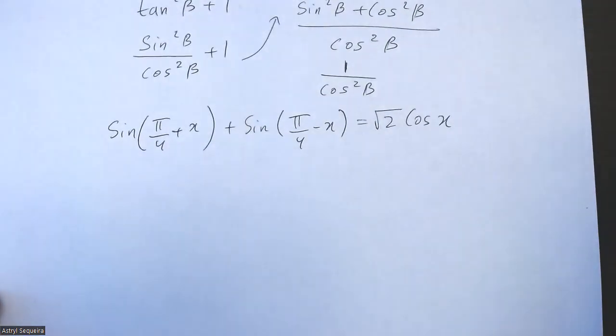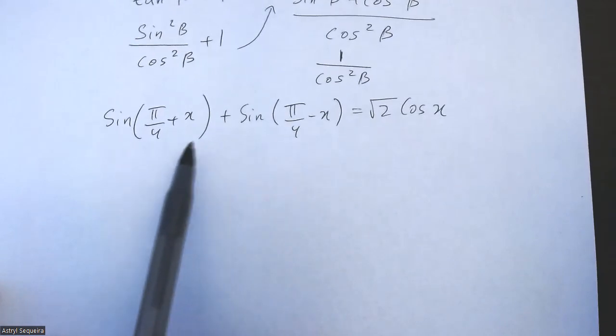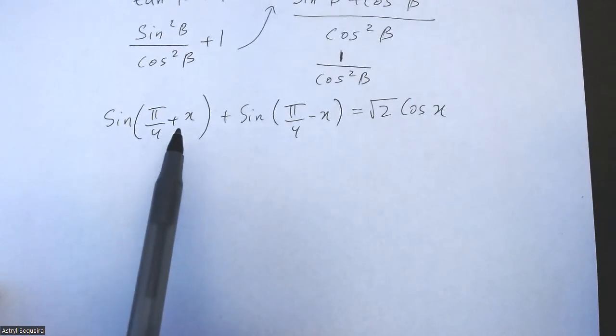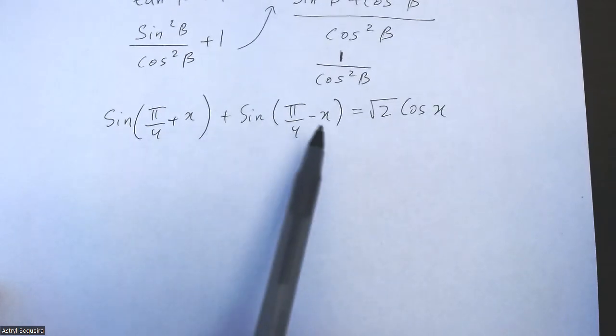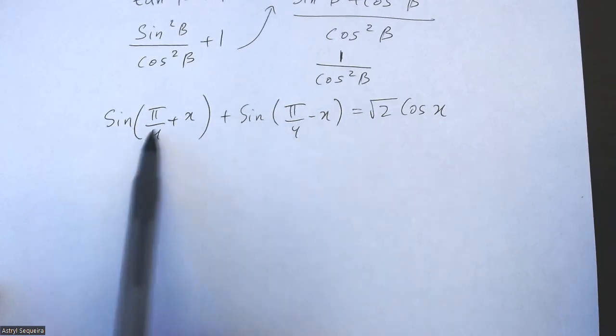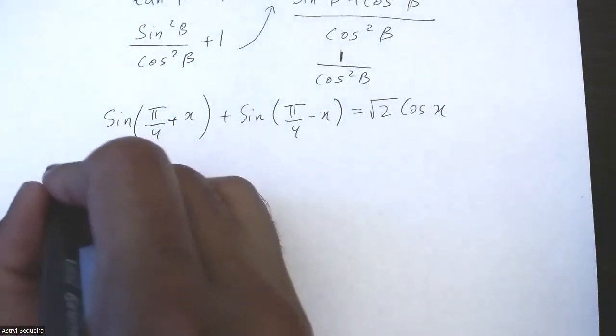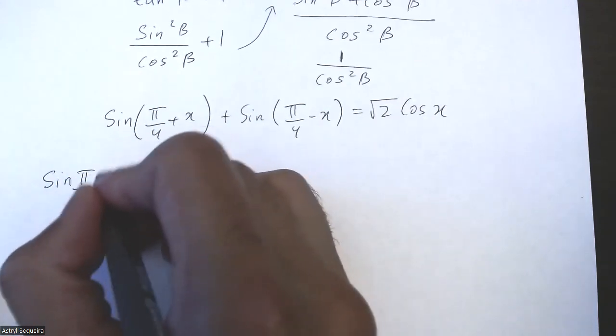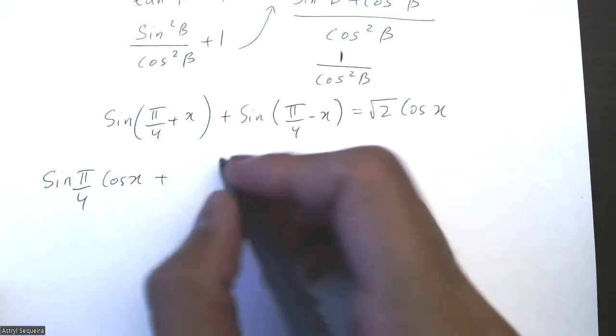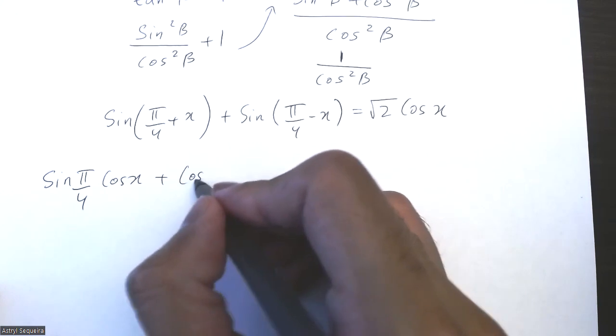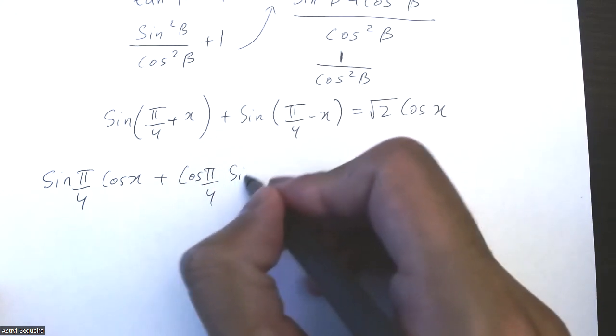Let's take a look at this second question over here. There's a couple of different ways to do this question, but I like to use the compound angle formulas, your addition and subtraction formulas. So I'm going to simplify this side. This is going to turn into sine pi over 4 cos x plus cos pi over 4 sine x.